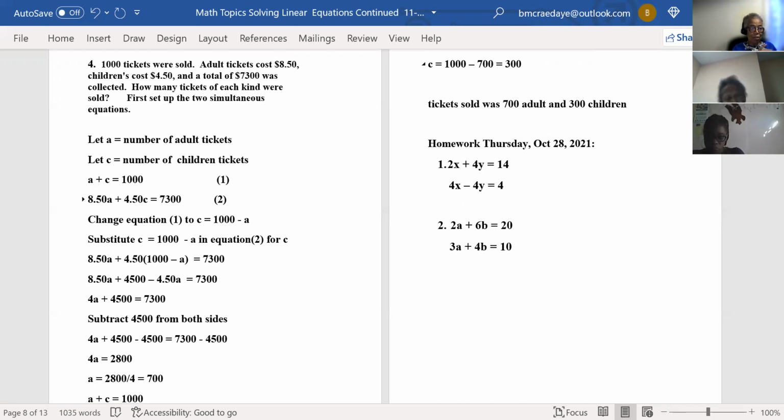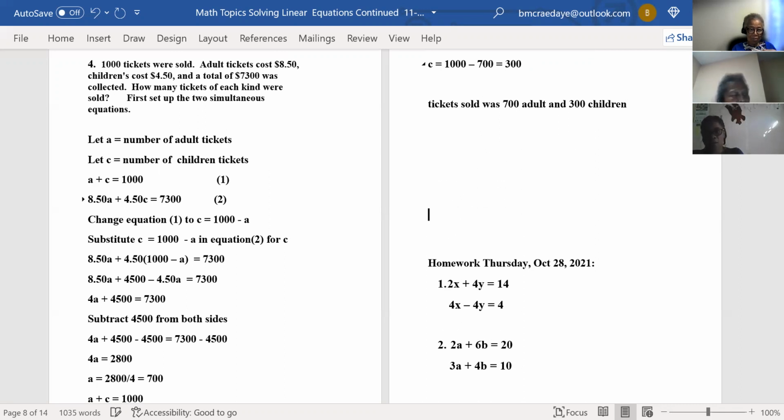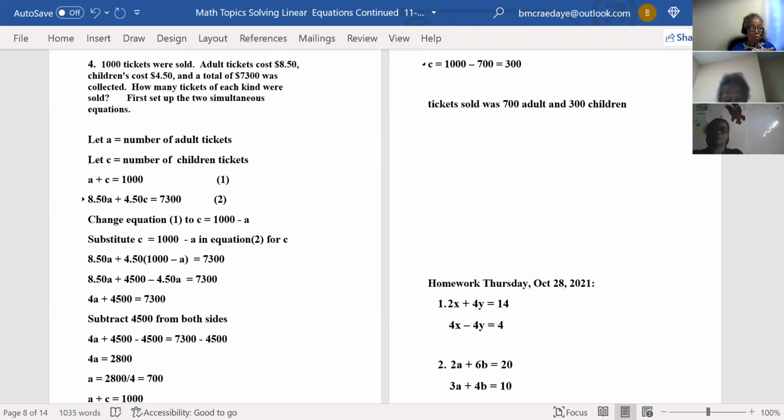How could you check it, Maureen? How could you check that this is correct? Well, you know you sold $7,300 worth of tickets. So this 700 times 850 plus 300 times 450 must equal 7,300. So check that.